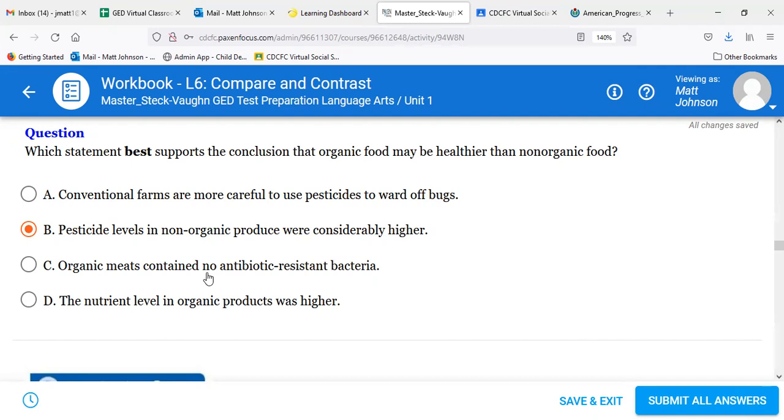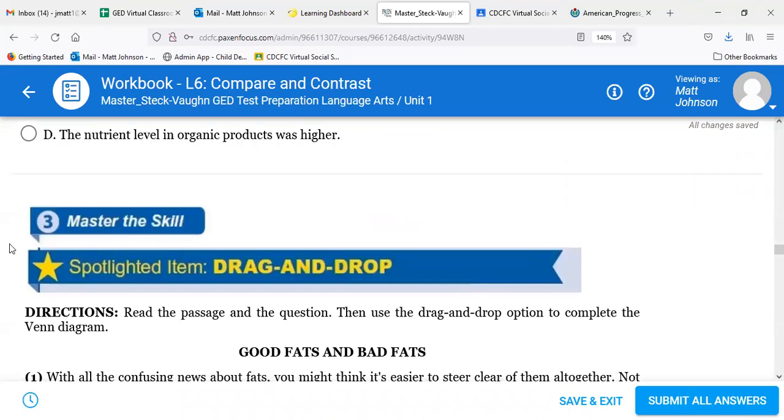So organic, we know they don't use pesticides. Non-organic, they do. Non-organic uses steroids and antibiotics. And that way, it's sort of summarizing as you go, then you can pick out the answers here. So B as in boy for number 6.